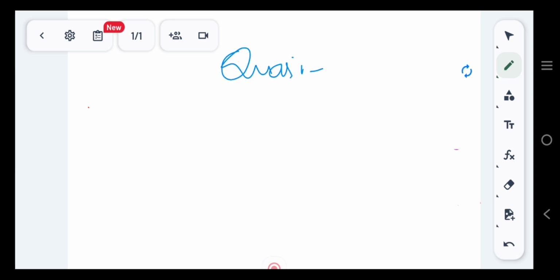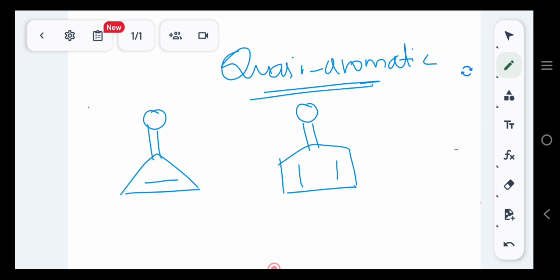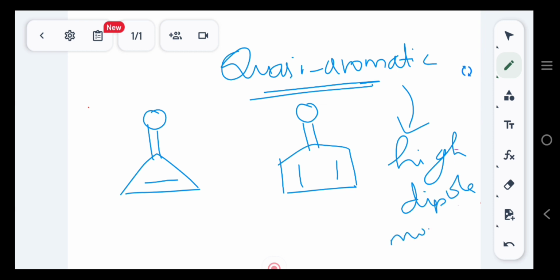So what are quasi-aromatic compounds? It is a very simple concept. They will provide you examples like this. Quasi-aromatic compounds exhibit high dipole moment. What is dipole moment?